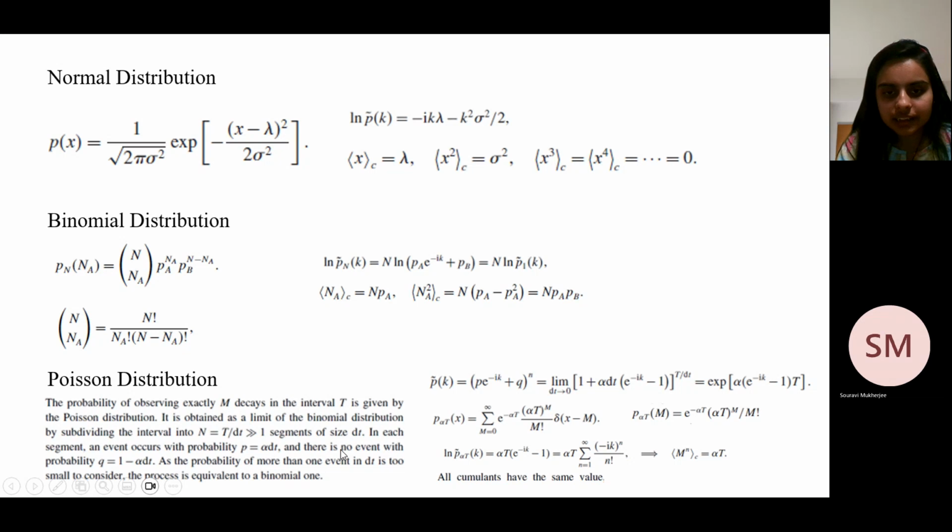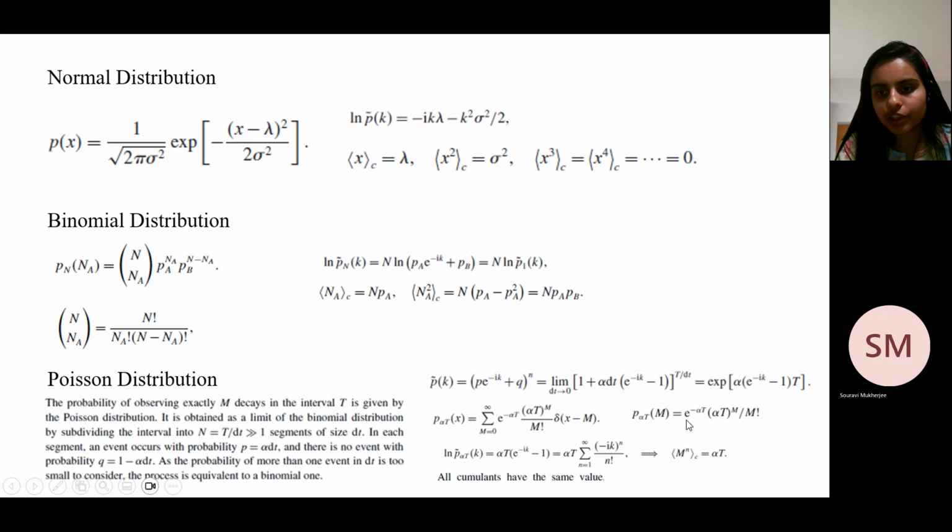So considering that limit of a large number of intervals, you can use the same concept. You start with the characteristic function, and then you take dt tending to 0, which is another way of saying that n, the number of subdivisions, tends to infinity. That gives you this expression for the characteristic function.